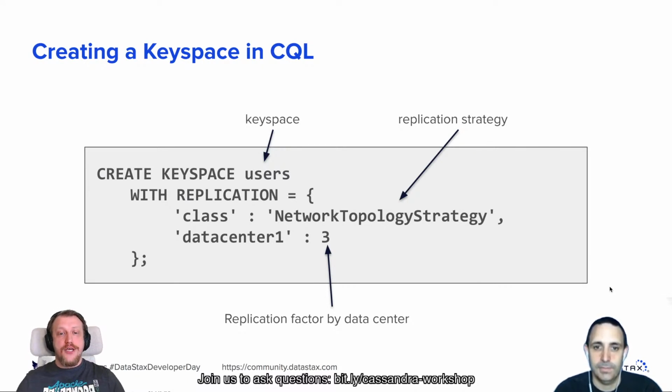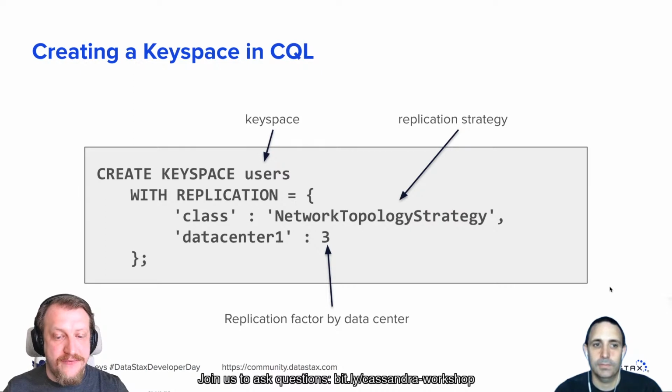And instead of server racks, it will use availability zones. And instead of regular data centers, it will use AWS data centers. Same for the other clouds. So in production and on staging, we usually go with NetworkTopologyStrategy.